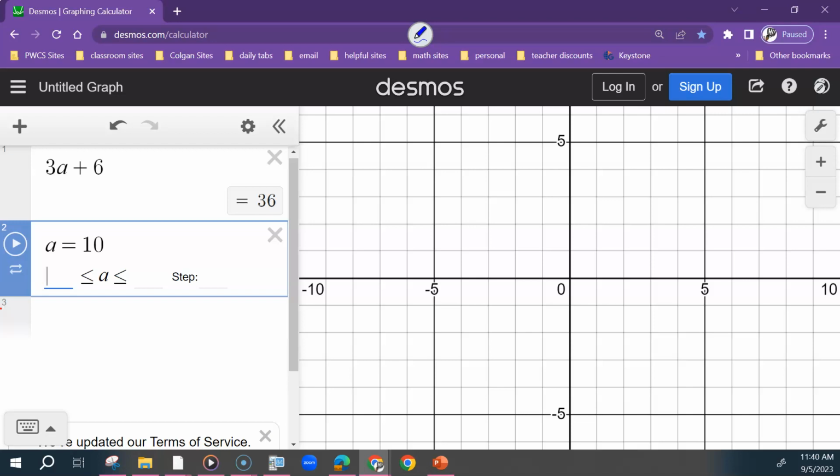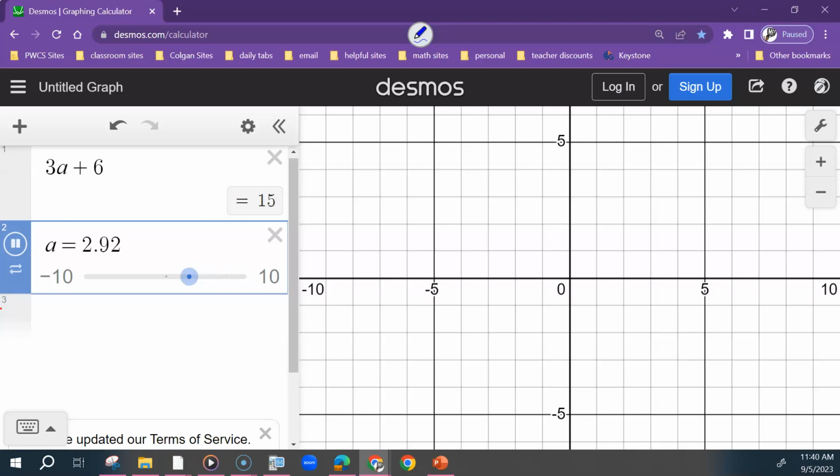You can put in from this number to this number, what would these be? You can let it play and see all the different numbers. Oh, it's moving. Right? So when we go into what we're going to talk about, you can use Desmos to check yourself. I did not show you how to do this part on the calculator, but if you would like to know, let me know, and I can show you that as well.